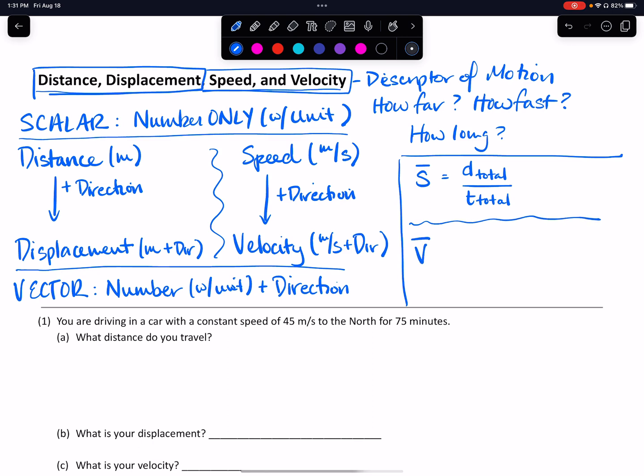If instead we're talking about the average velocity, then we need to know the displacement, which is what this delta x stands for, over the amount of time it took to become displaced. Remember that the delta symbol means change in, so in this case it's the change in position, and we always take the final position and subtract the initial to get our delta x value. Sometimes you're given the delta x directly, other times you may have to find it.